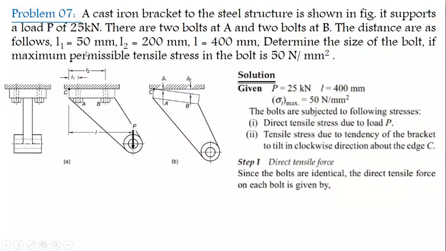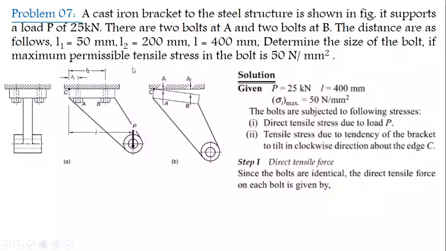Problem number 7: A cast iron bracket to the steel structure is shown in the figure. It supports a load of 25 kilonewton.